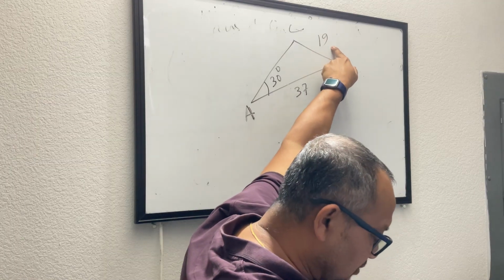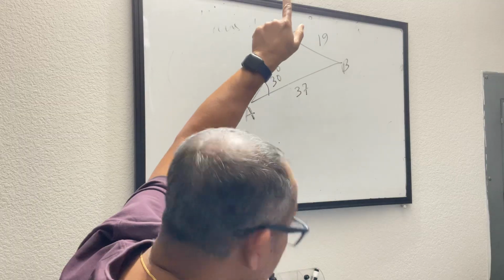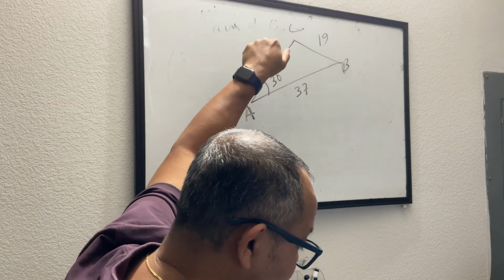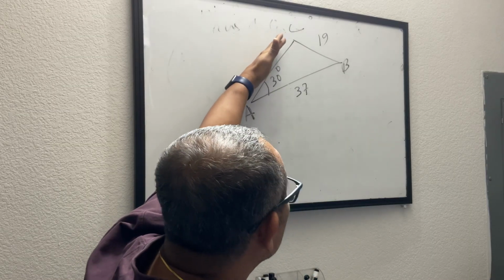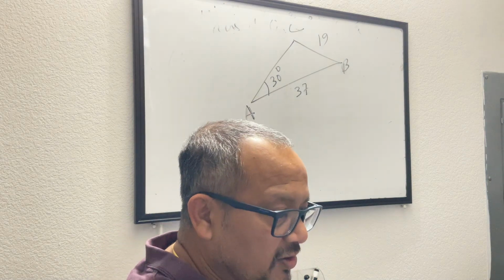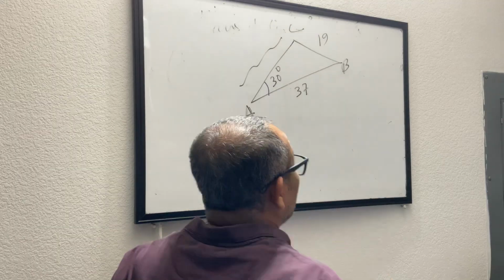We have been asked to find out the measurement of C, this side. Triangle C is obtuse. We have been asked to find out this side.